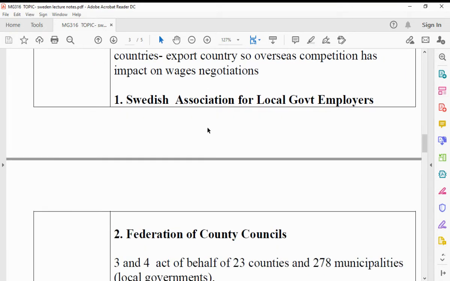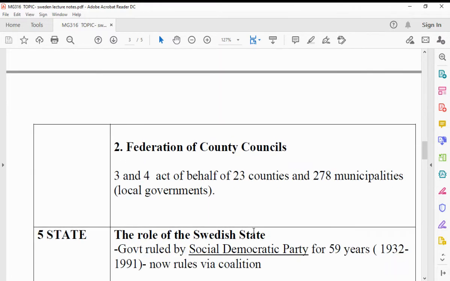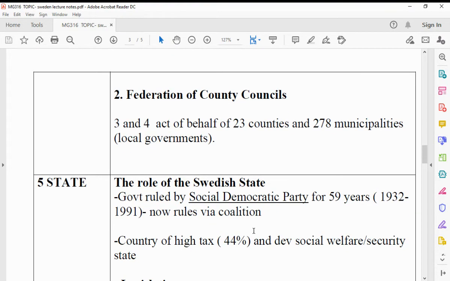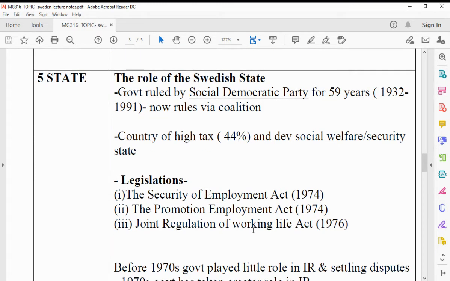Then there is Swedish Association for Local Government Employees, and finally there is Federation of County Councils. So these two act on behalf of the 23 counties and 278 local governments. So that's about employers and their associations.